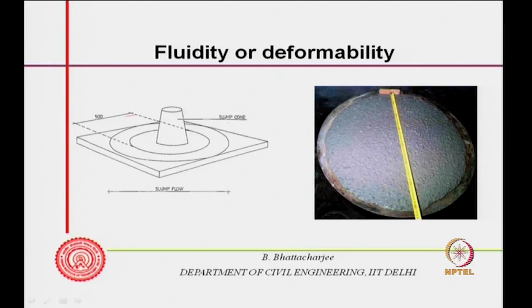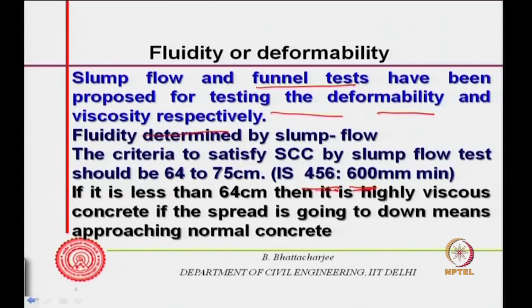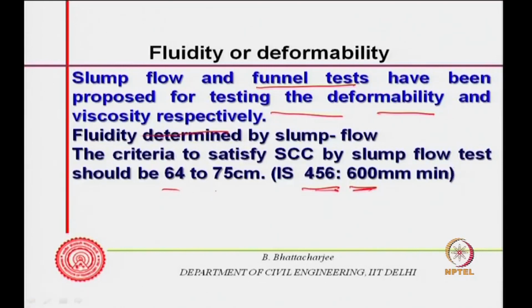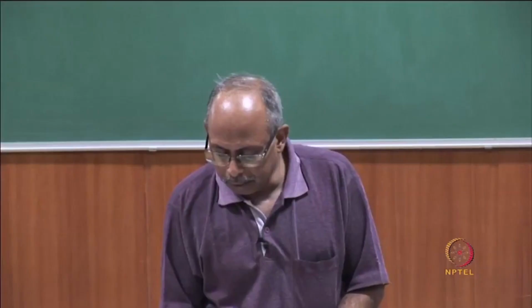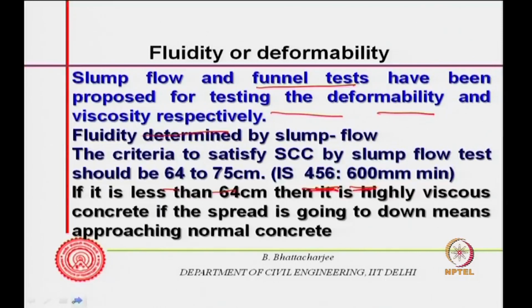So, this spread is a slump flow, and this flow minimum should be 64 to 75 centimeter, from 20 centimeter it should go to about 64 to 75 centimeter. IS 456 says minimum it should be 60 centimeter or 600 millimeter to define it as self compacting. So, minimum for self compacting concrete is given.